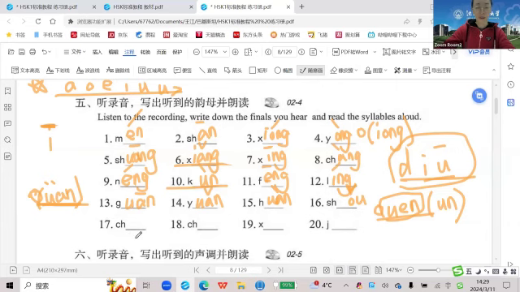And the tone is the second tone. So where should we mark the tone? Above the alphabet U or A? Yes, we should mark the tone above the alphabet A, right? Because in this sequence, A is the first one. So we should mark the tone above the alphabet A. 船. Okay, number 18. Listen to me carefully.